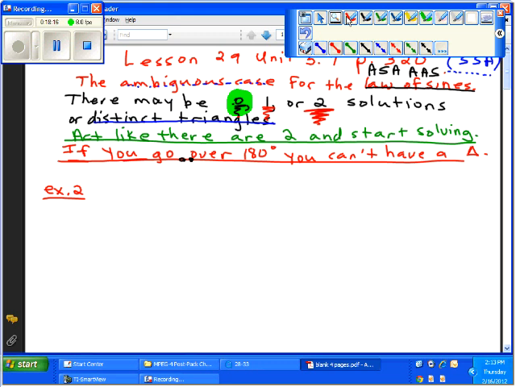Okay, so example 2. Example 2, we have that A is equal to 30 degrees. We have that little a is equal to 4, and we have that little b is equal to 8. Now, we're not sure to start with what this picture looks like, so we're going to make angle A 30 degrees, and we're just going to throw in a B and a C, and it may be all out of whack.